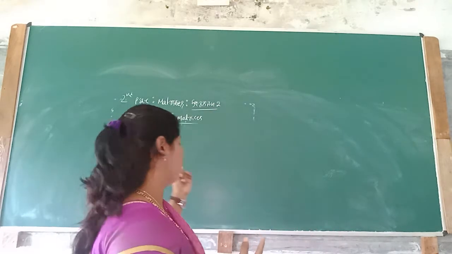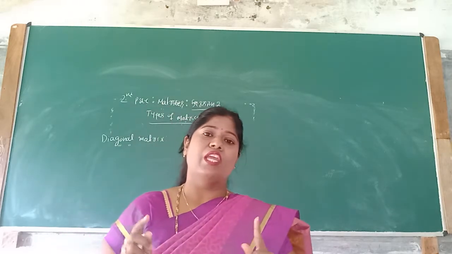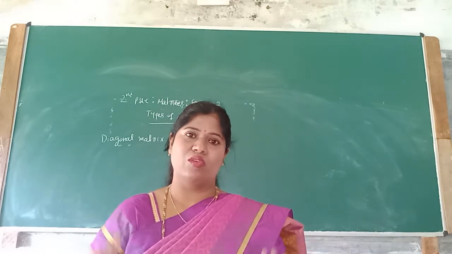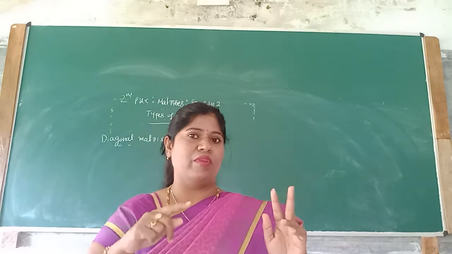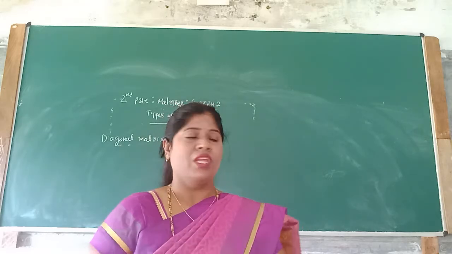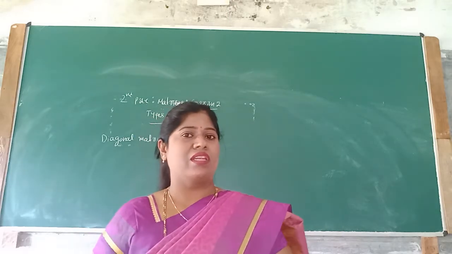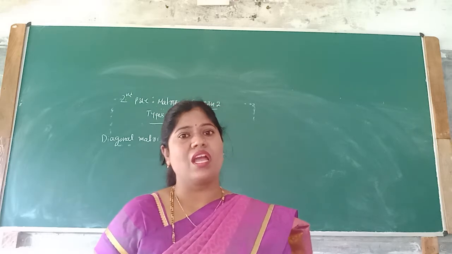So here, a diagonal matrix is a square matrix if all its non-diagonal elements are zeros. The non-diagonal elements should be zeros and the diagonal elements should be non-zero. A diagonal matrix is a square matrix if all its non-diagonal elements are zeros.